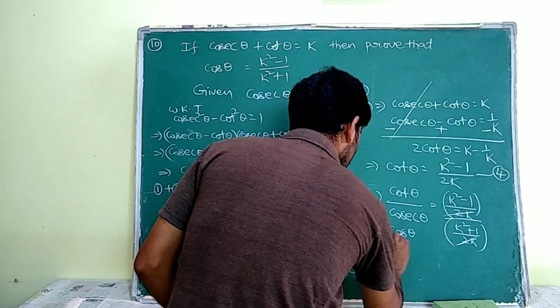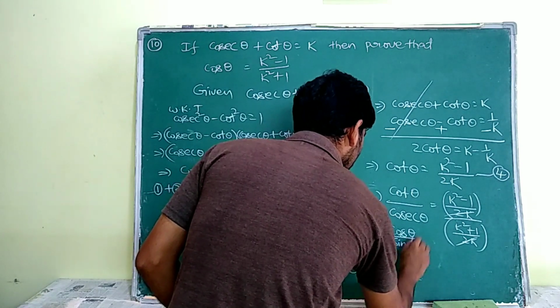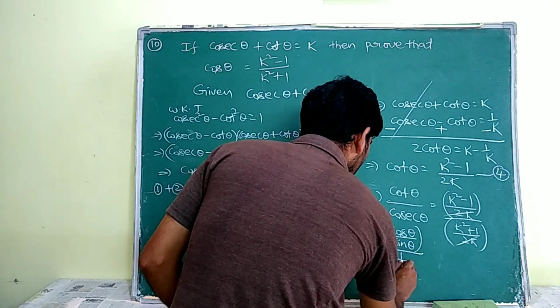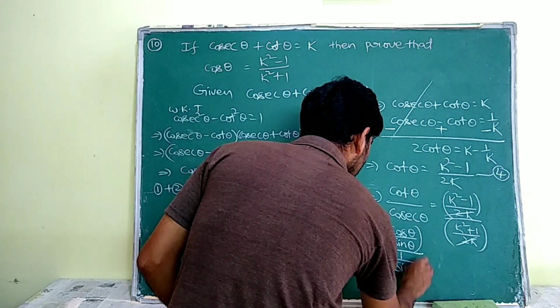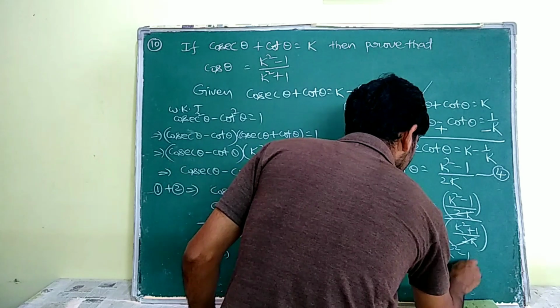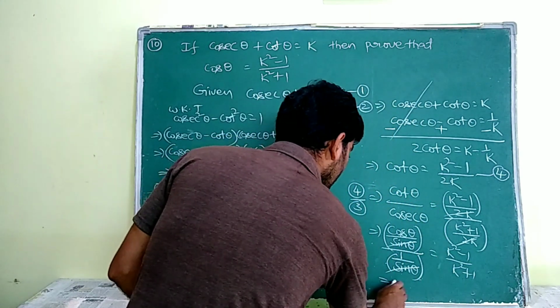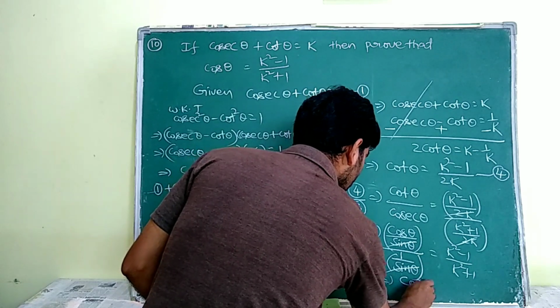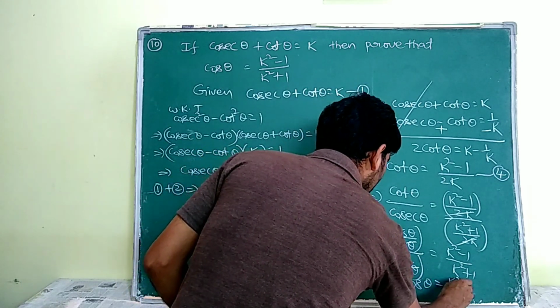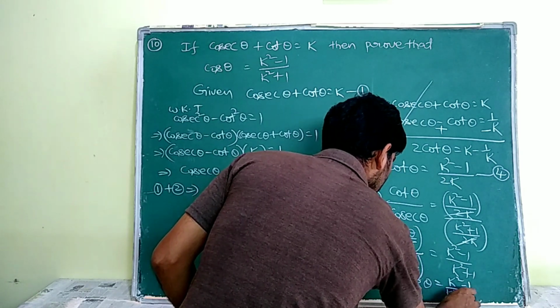Cot theta means cos theta by sin theta, and cosecant theta means 1 by sin theta. Here sin theta and sin theta also cancel. K square minus 1 by k square plus 1. That's our answer. Therefore cos theta is equal to k square minus 1 by k square plus 1.